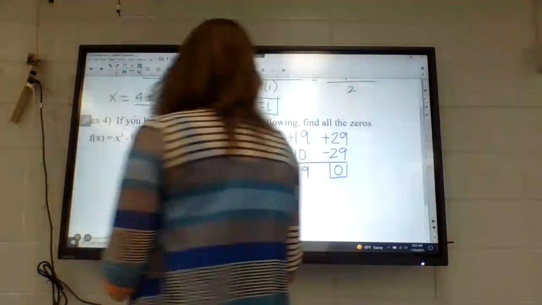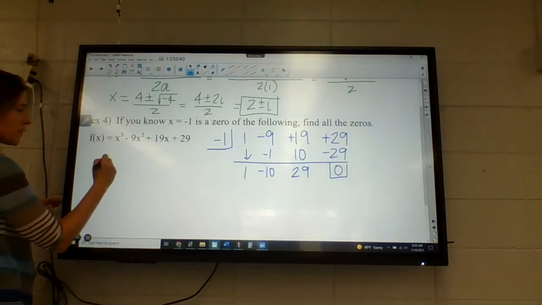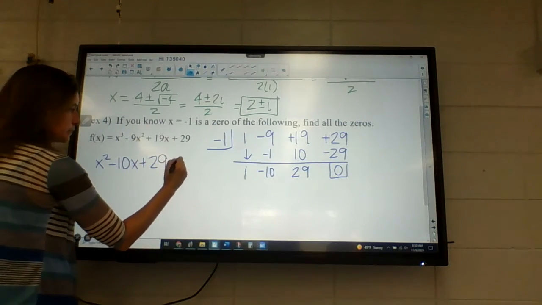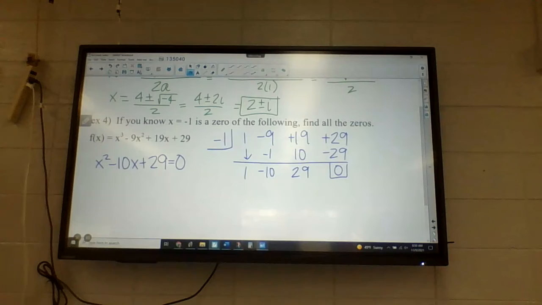So what I'm left with is x squared minus 10x plus 29. Does 29 have any factors? No. It's a prime number. So this would be a case where now we put ourselves into quadratic formula.